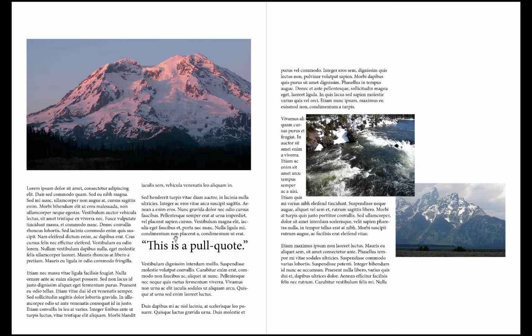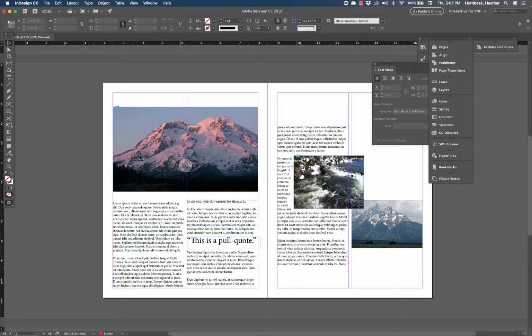I can see that I need to pull this a little bit further down. This needs to come off of this picture here. So this is a really great option for just looking at your work without a lot of distractions. And then I'm just going to hit escape to get back.